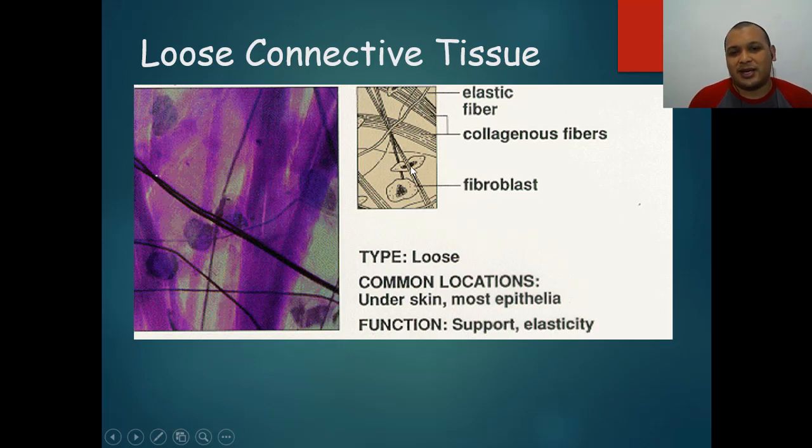And loose, once again, because it has many spaces, right? That's why it becomes loose. The location for loose connective tissue, we can find it under our skin and under most epithelia. The function is to support, and also elasticity.